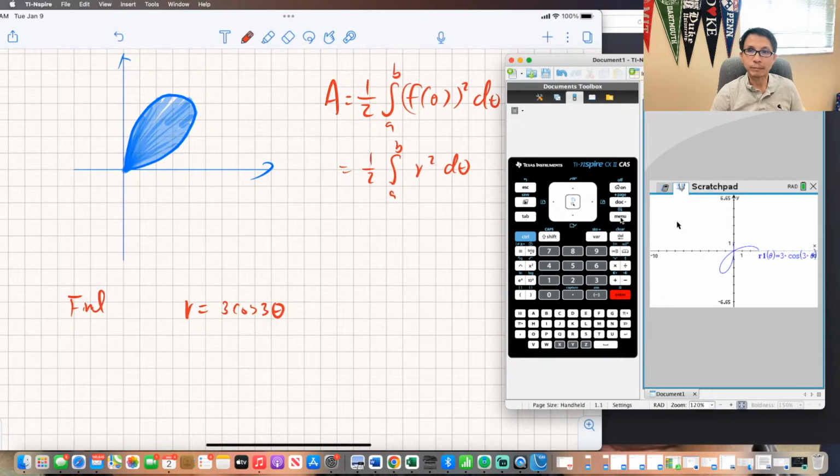Okay. Now the thing is, can you find out the area of one paddle? So your challenge is to find out the area of one paddle. No, because this is open right now, and the area is infinity right now. Is it? No, it's actually 1.5 paddle.